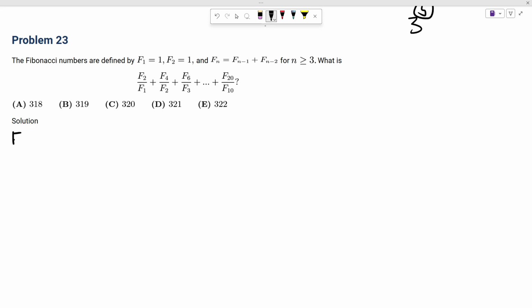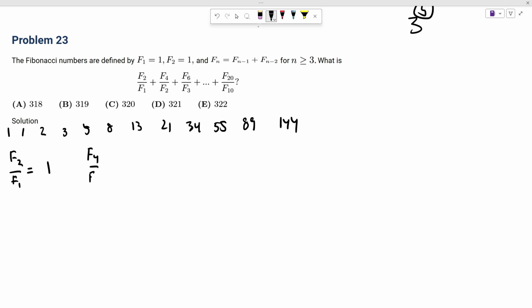So let's just list out the Fibonacci sequence real quick. So we have 1, 1, 2, 3, 5, 8, 13, 21, 34, 55, 89, 144. That should be enough. So the first one, F2 over F1, is equal to 1. That's 1 over 1.